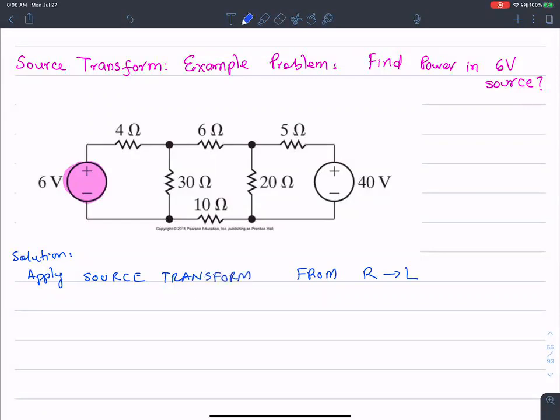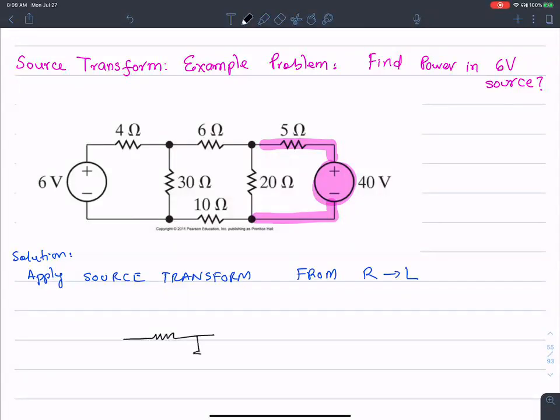Okay, so in other words, specifically what I mean is, let's begin with this. What is that? That's a voltage source with a series resistance. Now what I'm going to do is to leave the rest of the circuit as is.